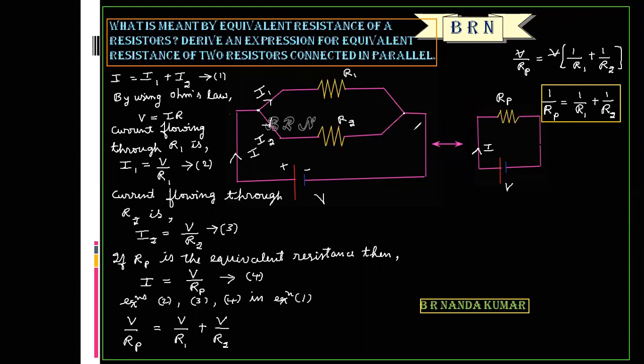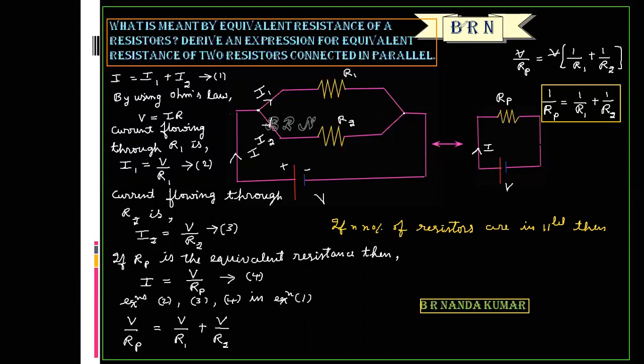If more resistors are connected in parallel, the effective resistance gradually decreases. Okay, if n number of resistors are connected in parallel combination, then what is the equivalent resistance?